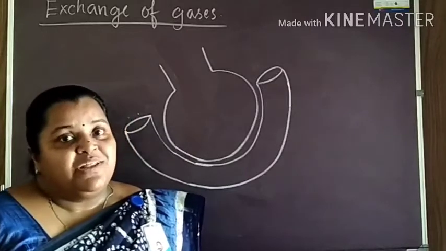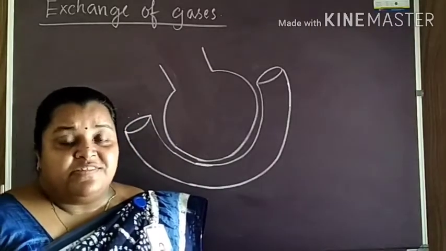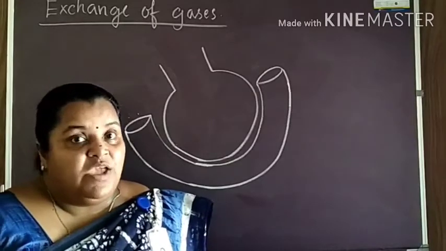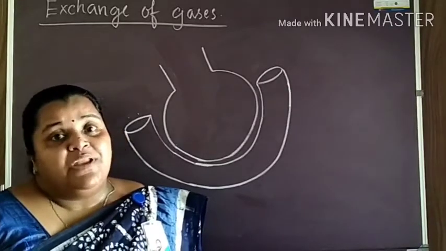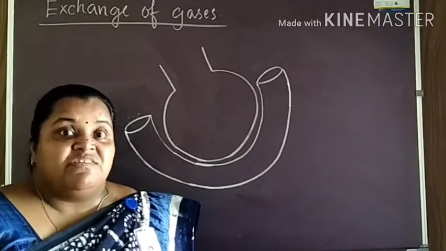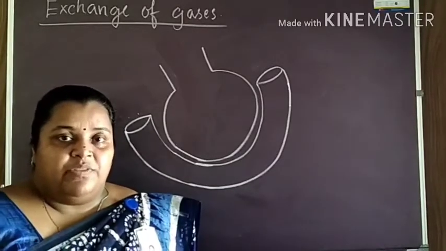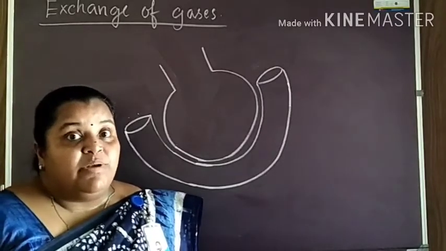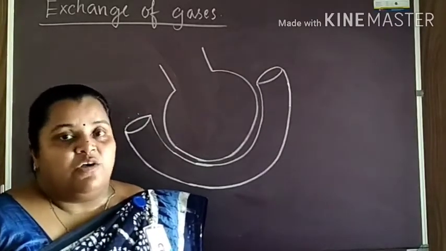Do you remember the blood vessels related to the lungs? Pulmonary artery and pulmonary vein. The pulmonary artery carries the impure blood which is rich in carbon dioxide. And the pulmonary vein carries the pure blood which is rich in oxygen.